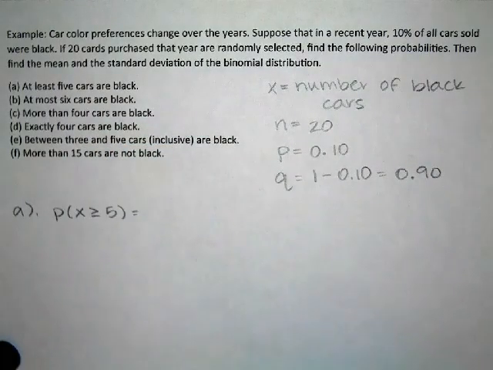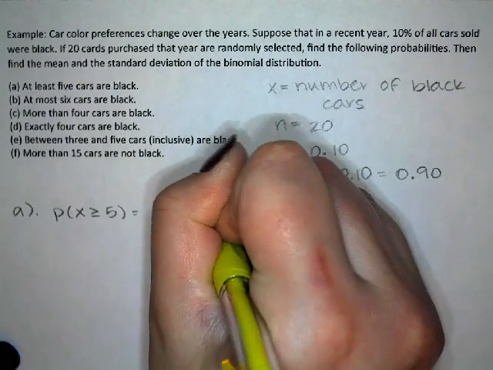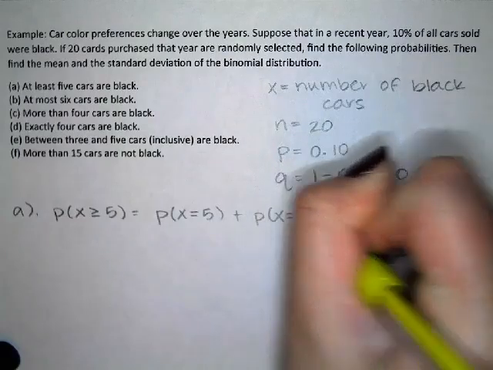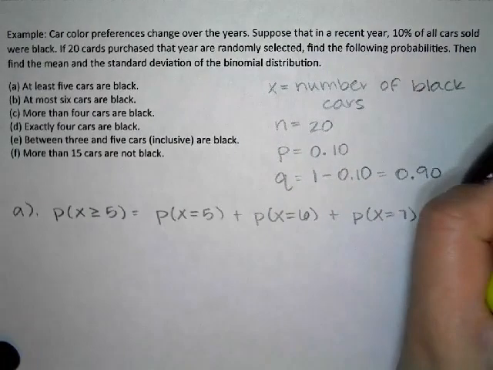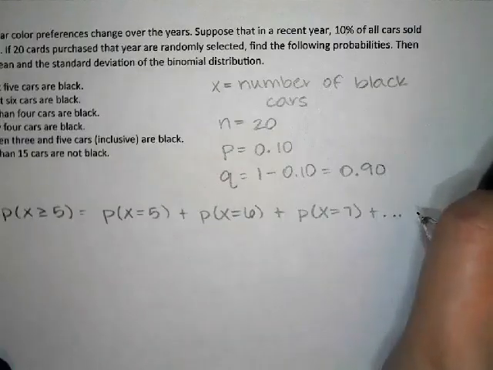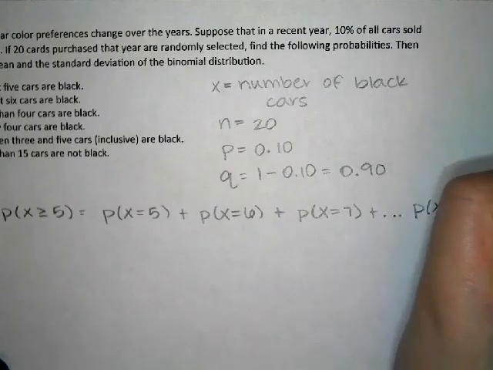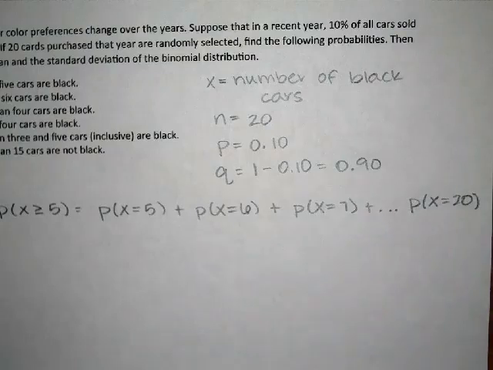In this case, that would mean the probability that exactly 5 cars are black, plus the probability that exactly 6 cars are black, plus the probability that exactly 7 cars are black, and I'm going to put a ... here so I don't have to write all of these out, all the way up to the probability that all 20 cars are black. That would be a lot to add together. Thank goodness we have the table and we don't have to use the calculator with the formulas.